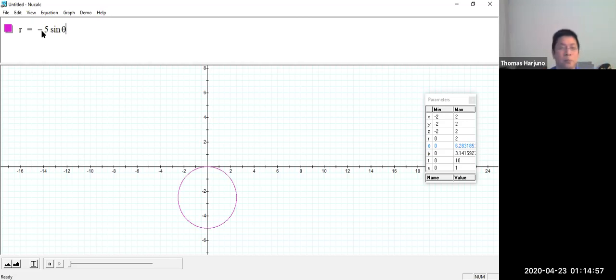Okay. Now, if I change this, instead of sine, I make it negative 5 secant theta. What will that be? That will be a line, the line x equals negative 5.